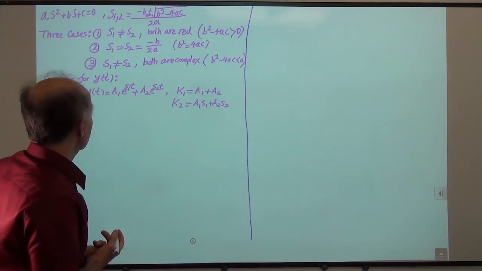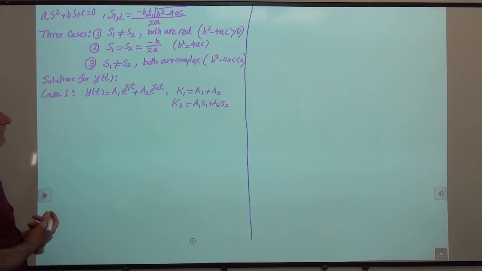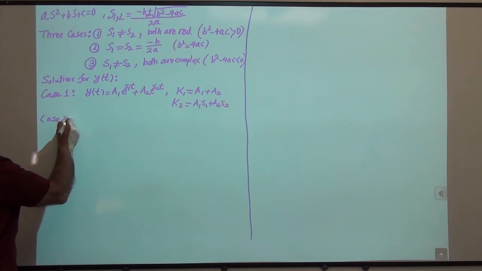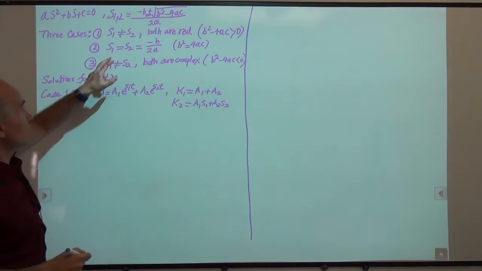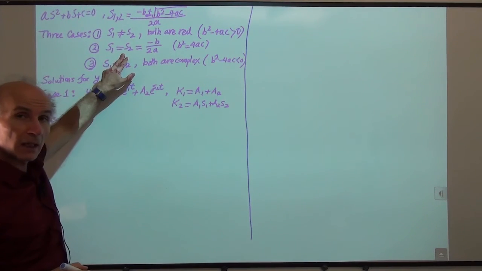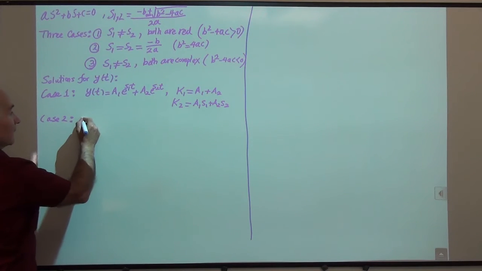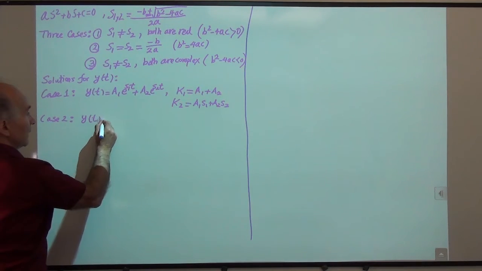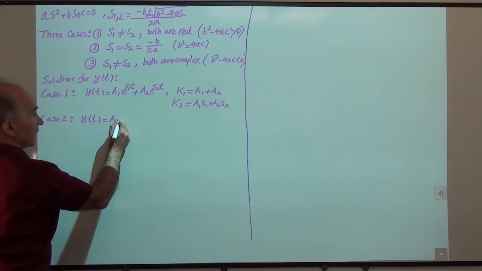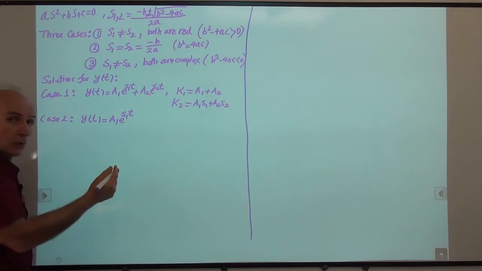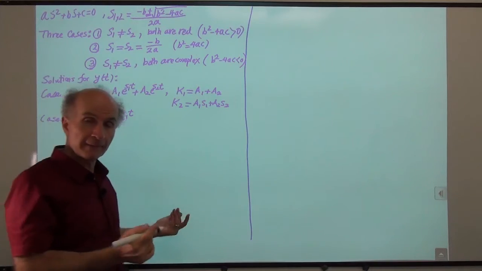Okay, so that is case number 1. Case number 2. If the two roots are equal, how are we going to handle two exponentials? So this is what I'm going to write. y of t is equal to a1 e to the s1t. s1 and s2 are equal, right? I just write one of them, s1.